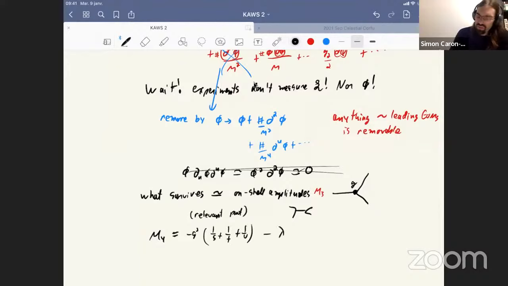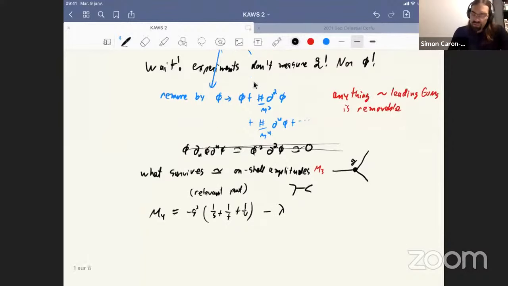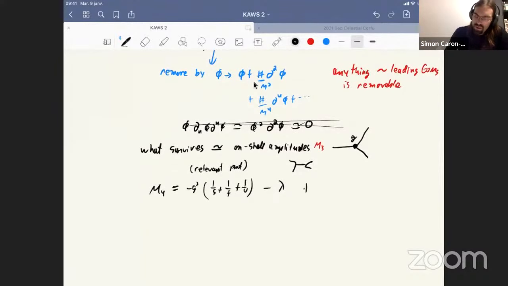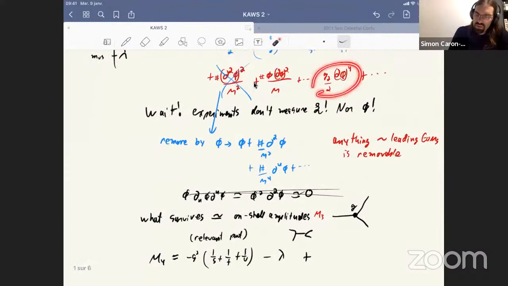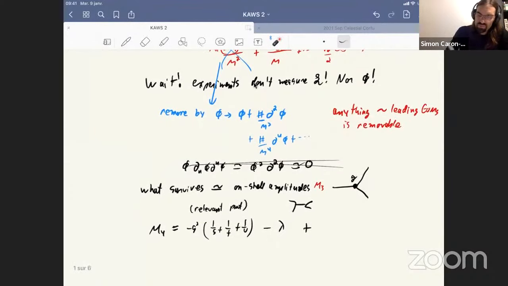You could have a lambda phi 4 vertex. And then you have other things, and the other things will come from these higher derivative terms here. So we can try to list them directly at the level of the amplitude.